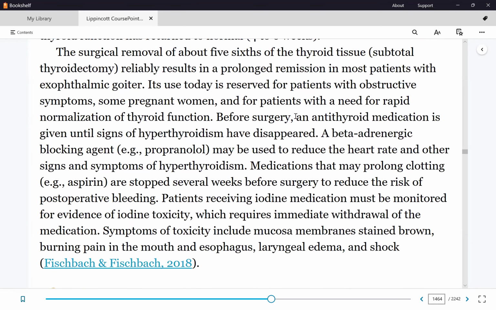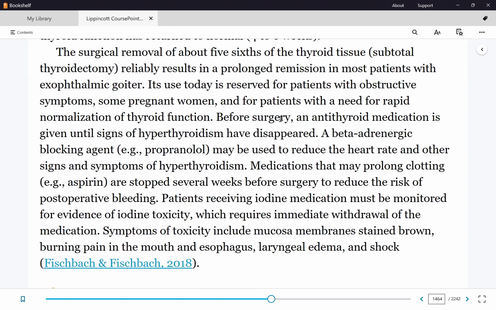So before surgery, how do we prepare the patient? Remember, why is the patient's thyroid gland so big in hyperthyroidism? Why is it enlarged? Because the blood flow is so high, the blood vessels are so large, so that's why it's enlarged.